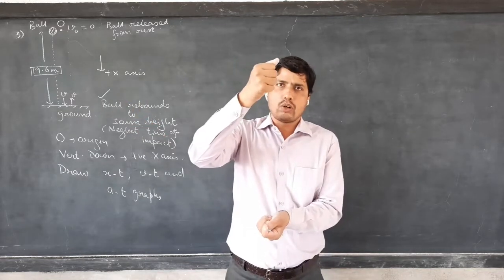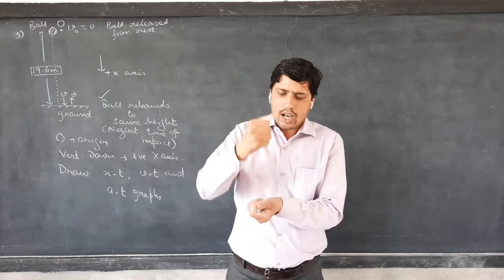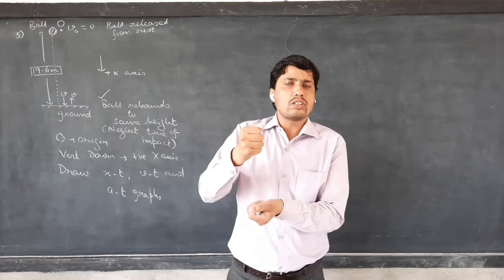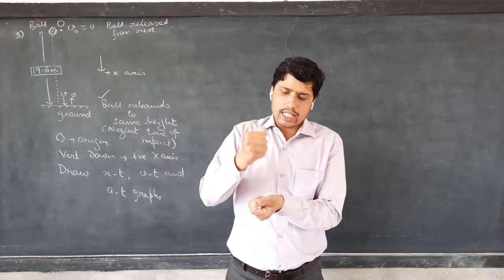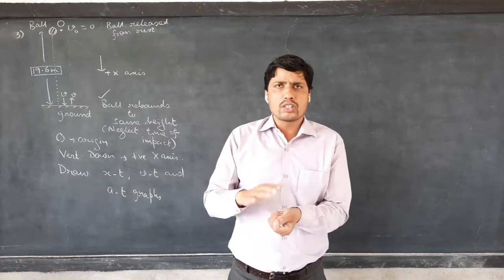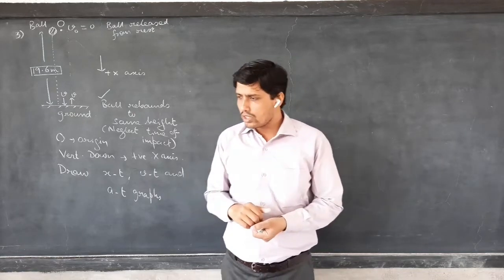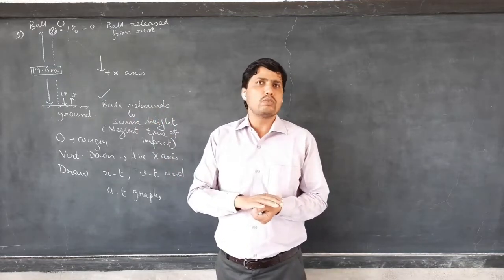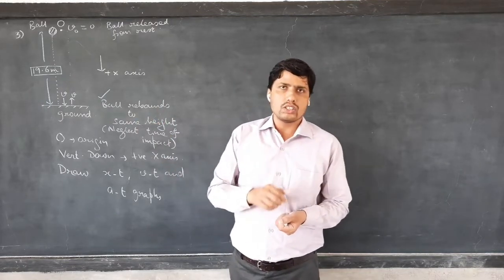Generally, if a ball is released from some height, after hitting, it loses some of its energy, it rebounds, but it does not rebound to the same height. Again, in the next collision, it will lose some more energy, and this continues till it finally comes to rest on the ground. But here it is given that you should assume it to rebound with the same speed as the speed with which it hits.